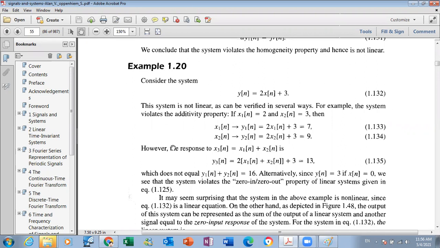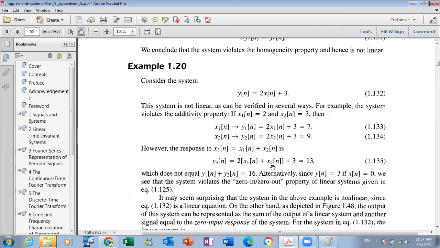Now again take a linear combination of inputs: x3n is equal to x1n plus x2n, right? So y3n will be equal to, using this formula, 2 times (x1n plus x2n) plus 3.